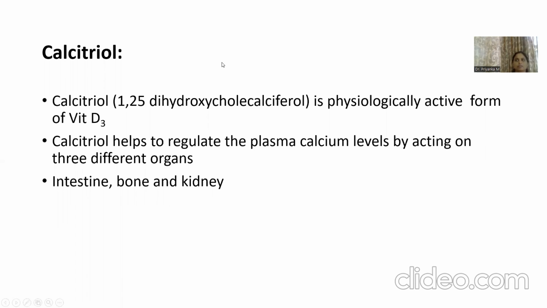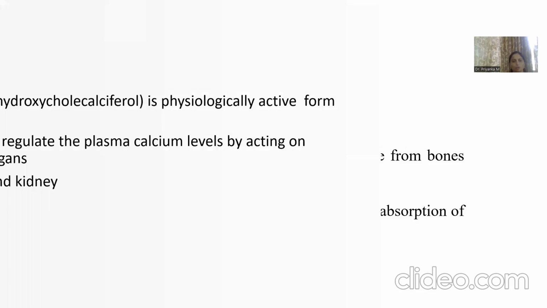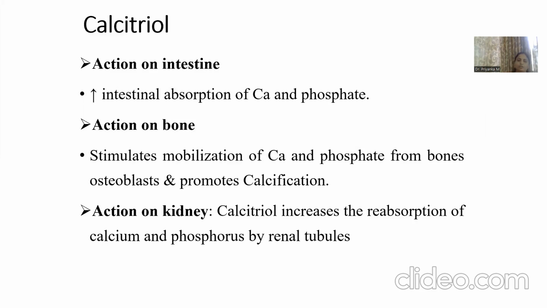It helps to increase the serum calcium level, by acting on three different organs: intestine, bone, and kidney. Action on intestine: it increases the intestinal absorption of calcium, and along with calcium, phosphate is also absorbed.